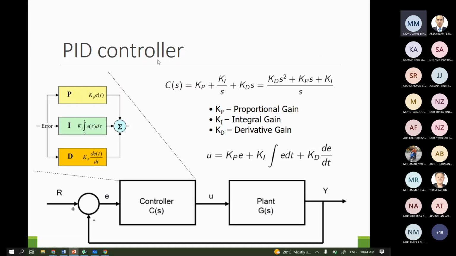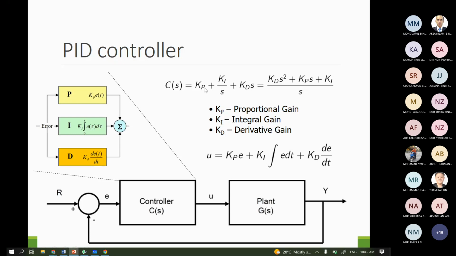So a PID controller consists of three different controllers. Firstly, we call it the P controller or the proportional controller, which basically has only the gain Kp.